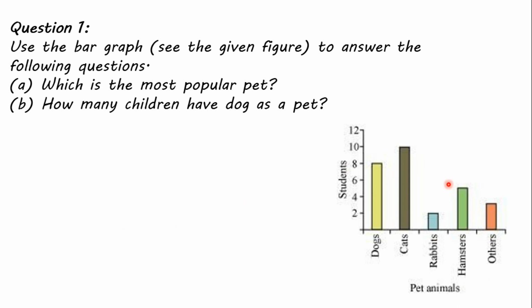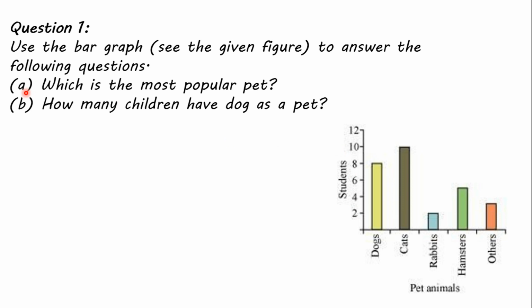So according to this we can analyze 8 students like dogs, 10 students like cats, 2 students like rabbits, 6 students like hamsters, and other pets liked by 4 students.